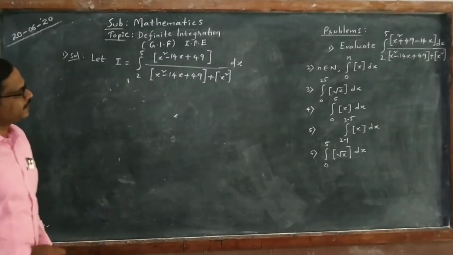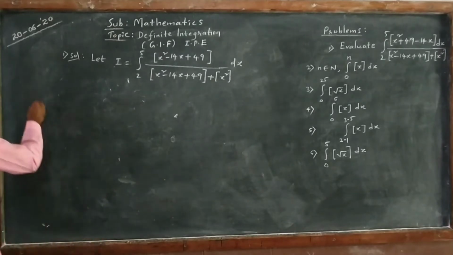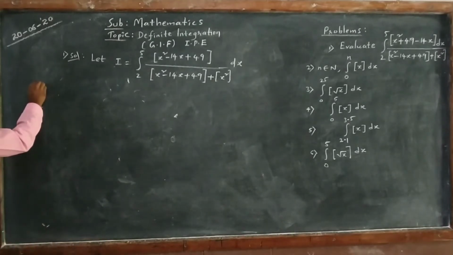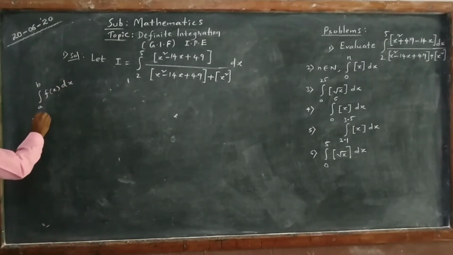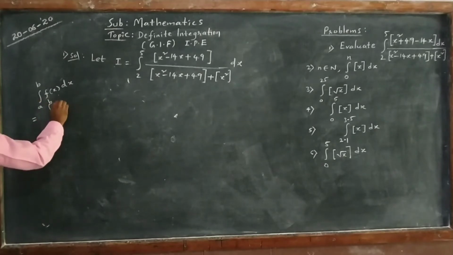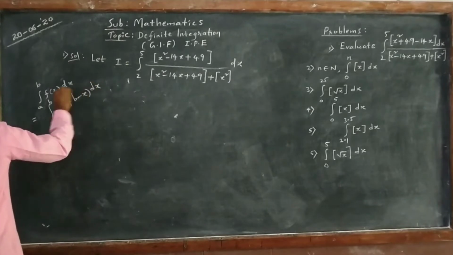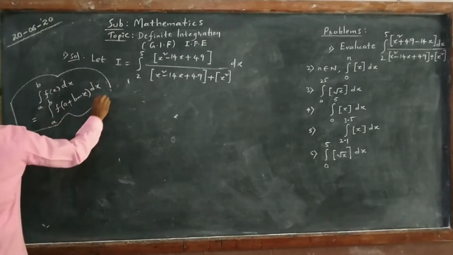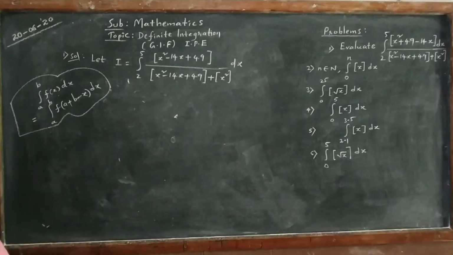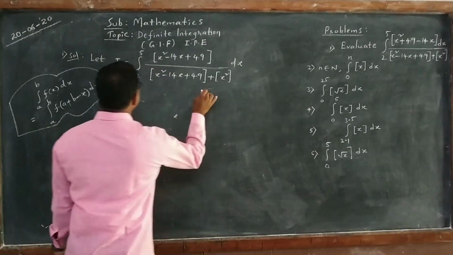This should be evaluated. As I told you earlier, we have a property: integral a to b f of x dx is equal to integral a to b f of (a plus b minus x) dx. This property I am going to use. Let me take this as equation 1.